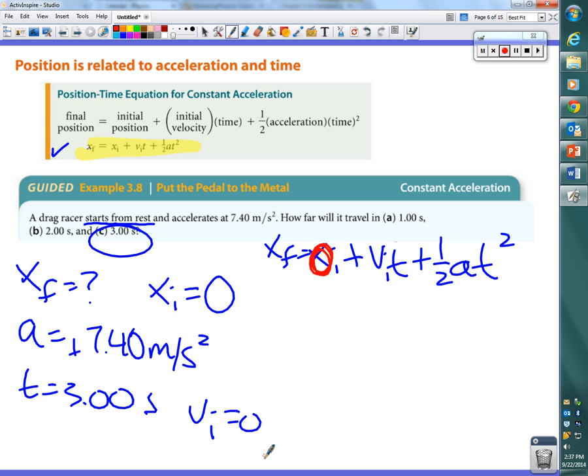Also, the initial velocity being 0, regardless of how many seconds we go, 0 times anything, that whole term becomes 0 as well. So this equation simplifies down to x final equals 1/2 a t squared.